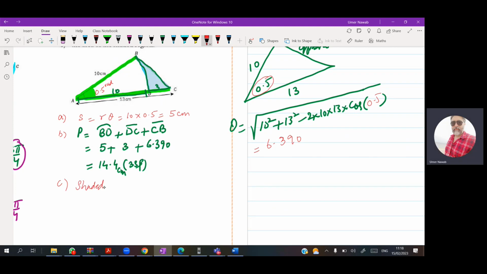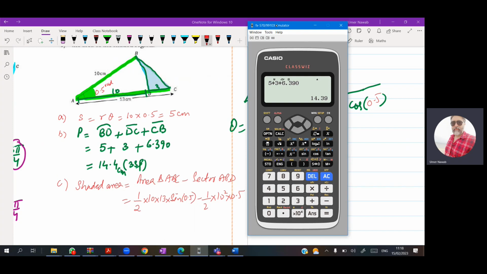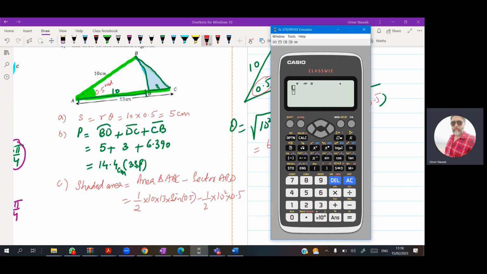The shaded area is equal to the area of triangle ABC minus sector ABD. For the triangle, I use the trigonometric formula half times side times side times sine of the angle between them, and the sector area is half r squared theta, where the radius is 10 and theta is 0.5. Again, check your calculator. Is it in radian mode? Yes.